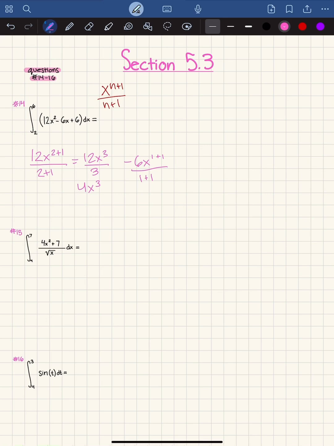It's negative 6x squared over 2, which simplifies to negative 3x squared. And then 6, antiderivative of a constant. So it's just 6x.